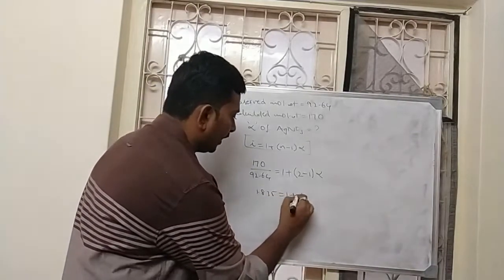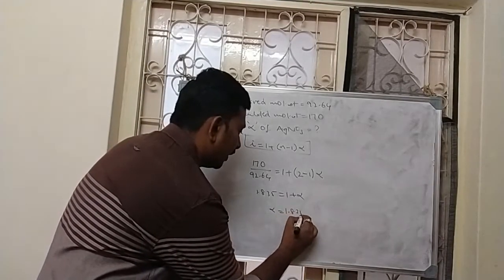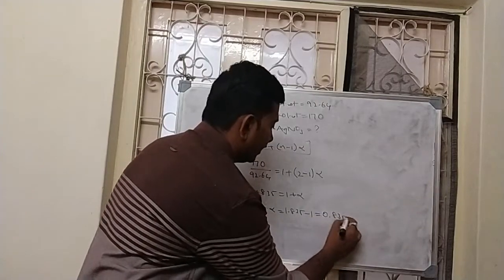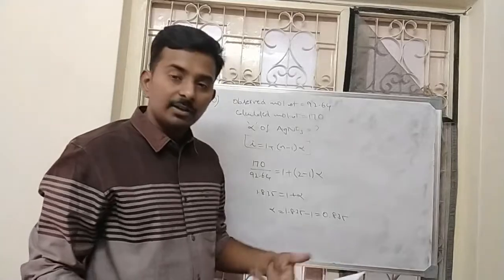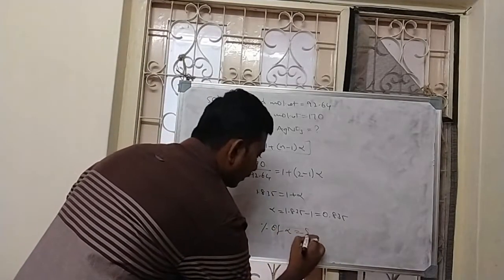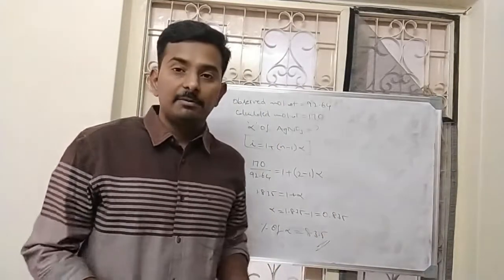So 1.835 is equal to 1 plus alpha. Alpha value will be 1.835 minus 1, which is 0.835. So the value of alpha is 0.835. In terms of percentage they are asking, so the percentage of alpha will be 83.5%. So the answer will be option B.